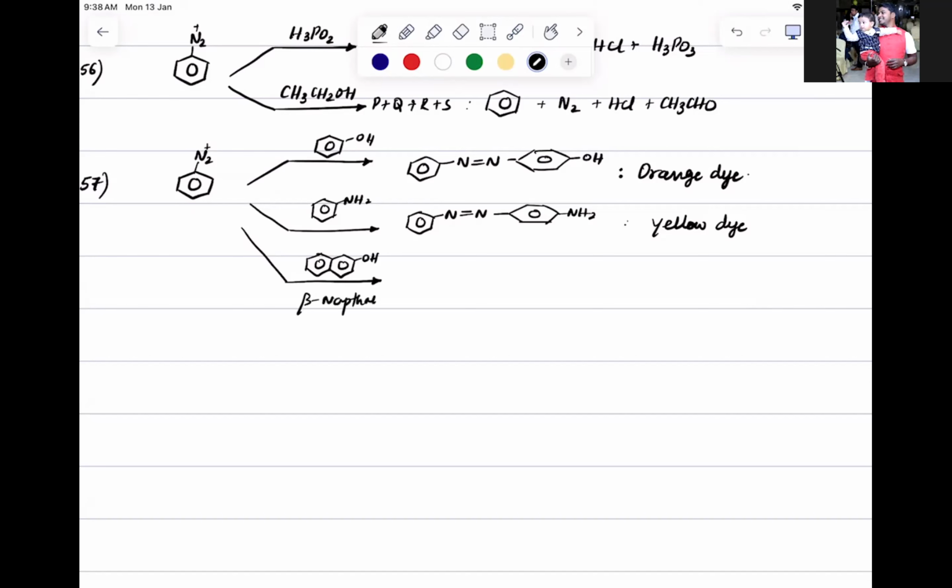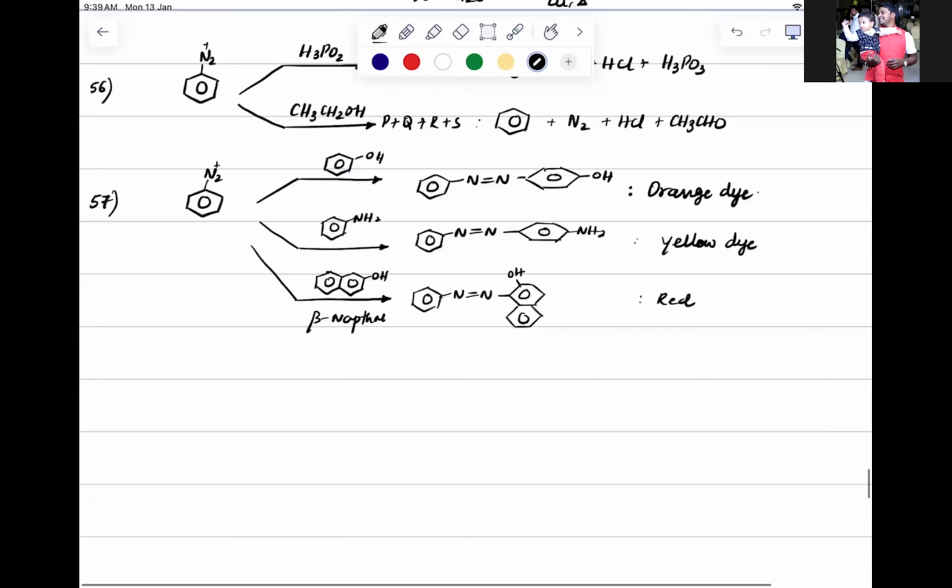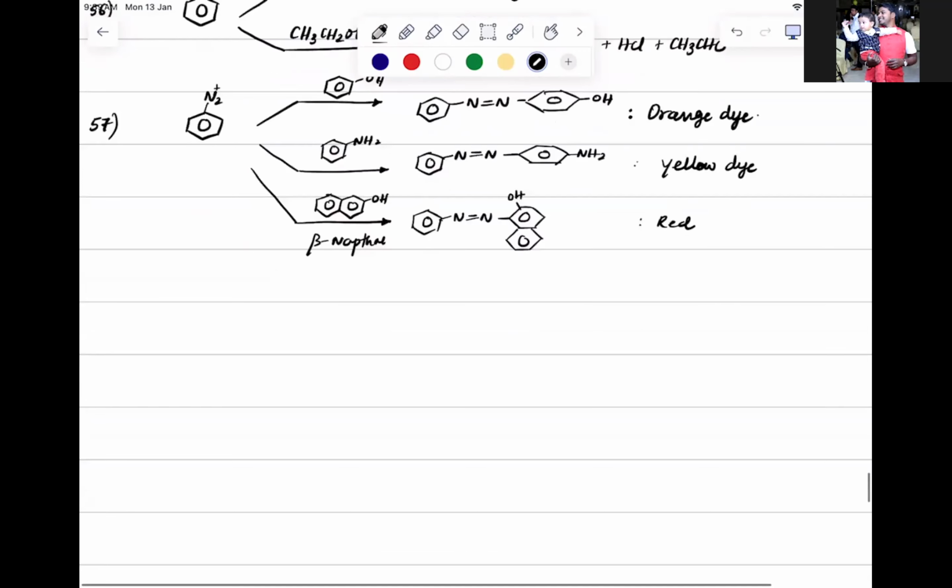In such cases, we'll have this as N double bond N connected with this beta naphthol like this at this position. At the alpha position, it will get connected and the color is red. Correct. So please remember these dyes and what these products are.